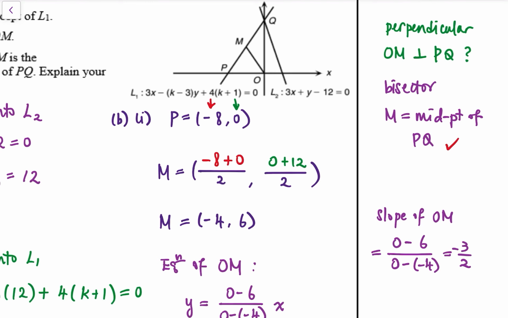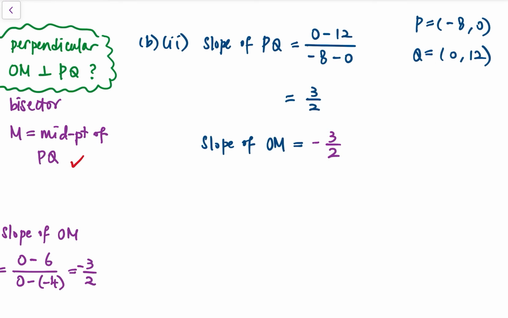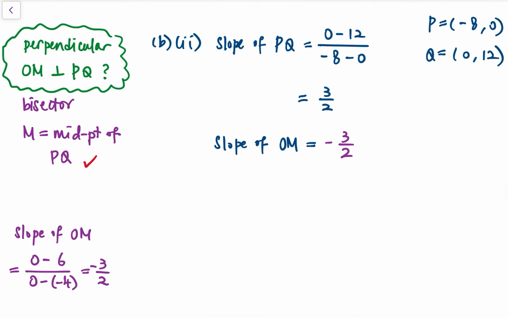It's just that we have to see whether OM is perpendicular to PQ. So let's make use of the slope of OM and the slope of PQ. Using the two points P and Q, we can find the slope. The slope of PQ is 3 over 2. The slope of OM just now is negative 3 over 2. In order to see whether they are perpendicular, let's multiply these two slopes.